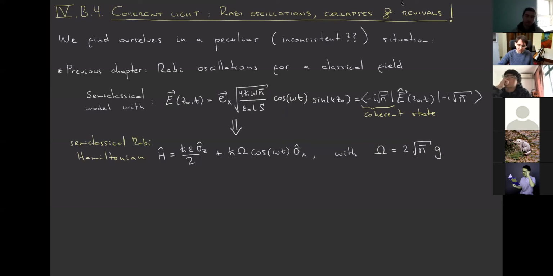Okay? Then, in principle, one could think, look, the semi-classical Rabi Hamiltonian predicts that we have Rabi oscillations, just perfectly periodic Rabi oscillations. On the other hand, I find the semi-classical field that I want by taking a coherent state for the light field.